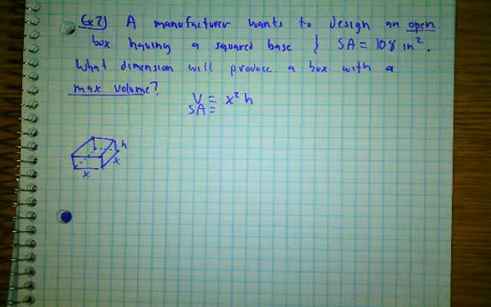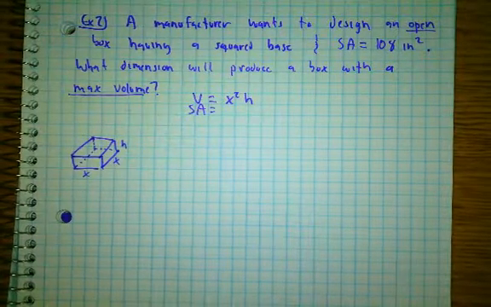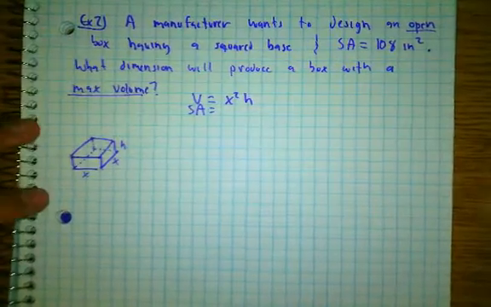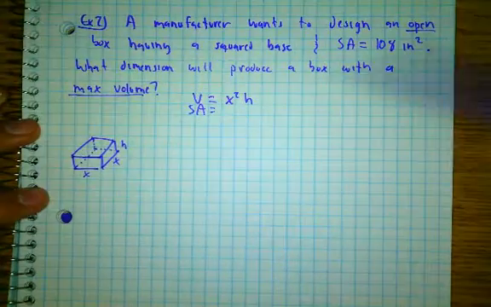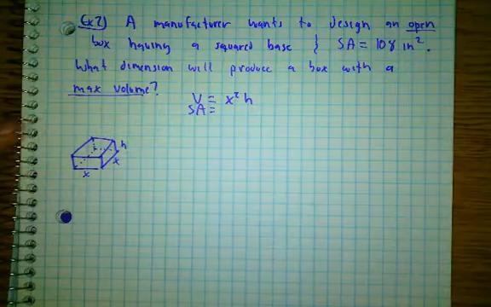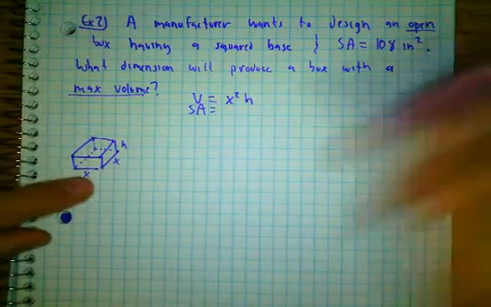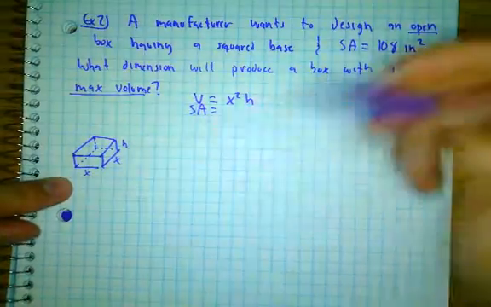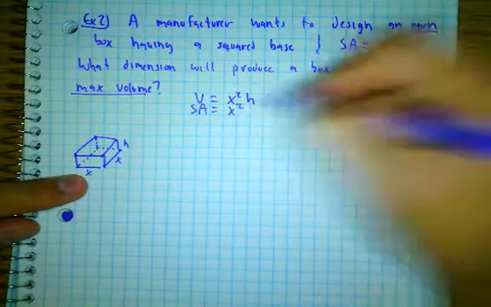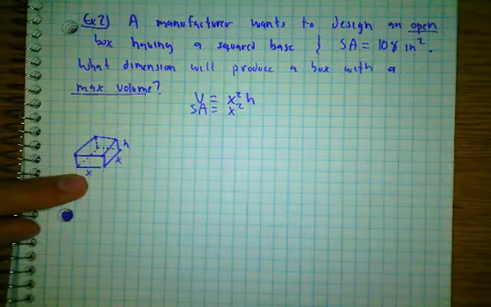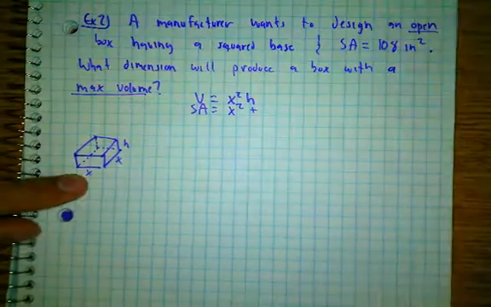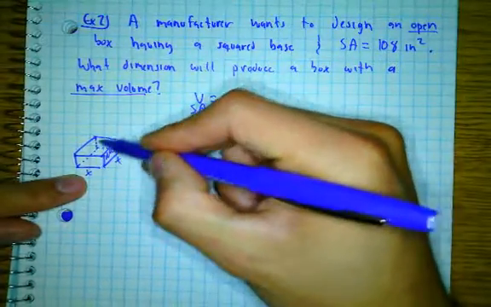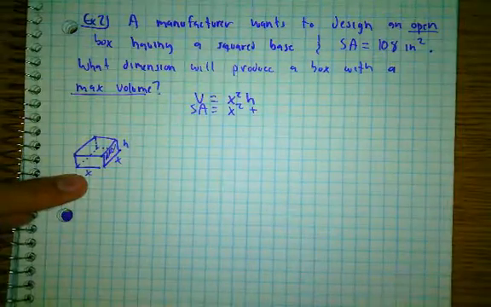So here's my suggestion. We have one base, agreed? We need to find the area of that base. So the area of that base, do you guys agree it's x squared? Right? Plus, we need to find the area of each one of the sides. Each side, the area of it would be x times h. So how many sides do I have all around? So 4xh. Agreed?